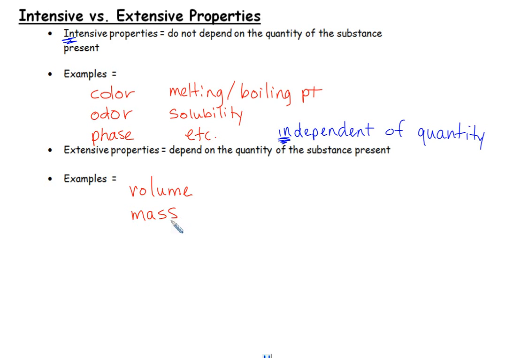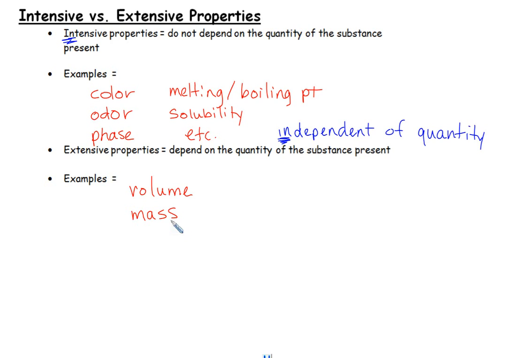If I have 100 milliliters versus 1,000 milliliters of water, 1,000 milliliters is a greater volume. There's more particles present. Intensive properties are independent of quantity. Doesn't matter your quantity or your sample size, you'll get the same observation. Extensive properties do depend on quantity.